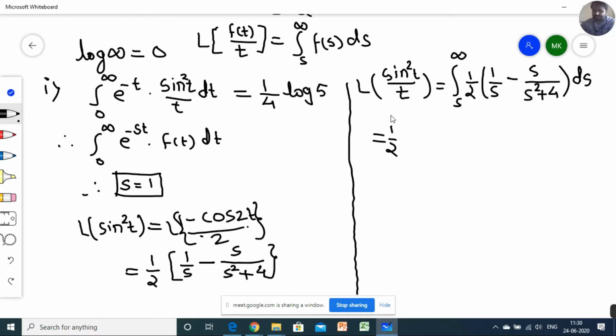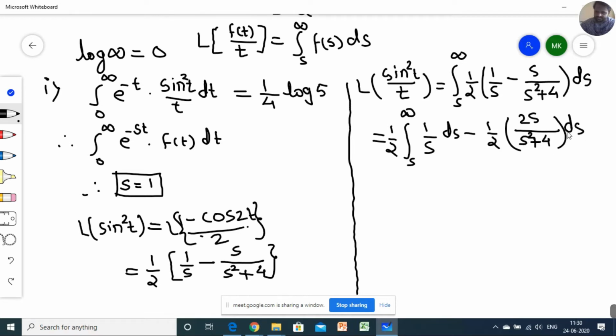So I am taking this part as it is, integral s to infinity 1 by s into ds, minus, I am just separating this part by multiplying with ds. Now 1 by 2 I am writing here, and this will become my 2s upon s square plus 4 into ds. I just multiply with 2 and again divide with 2, so that the terms will be kept as it is.